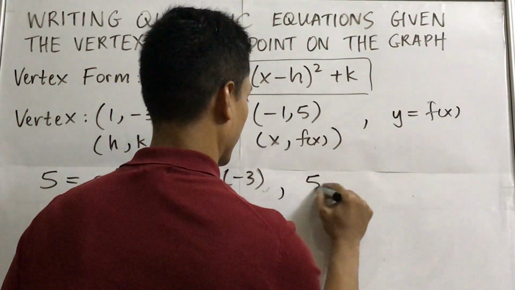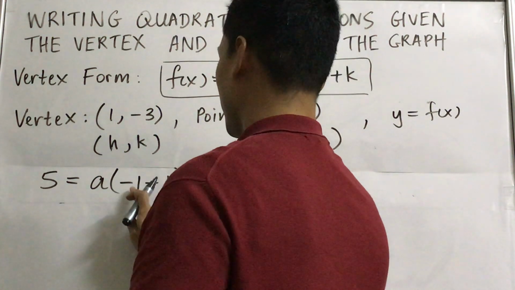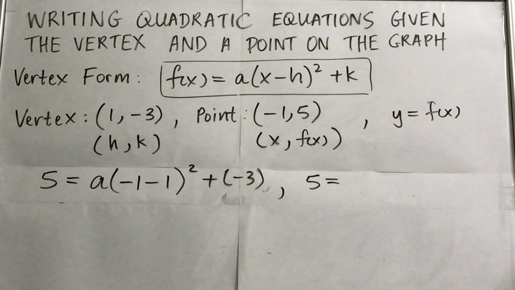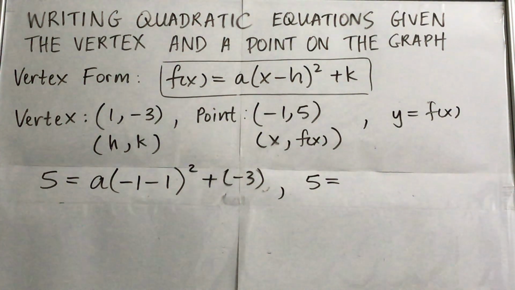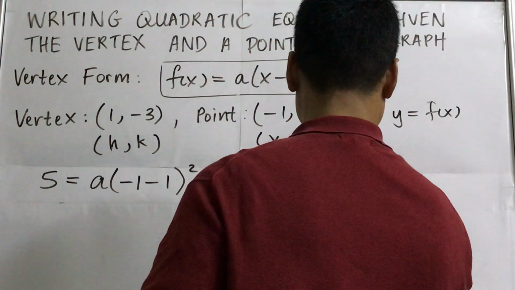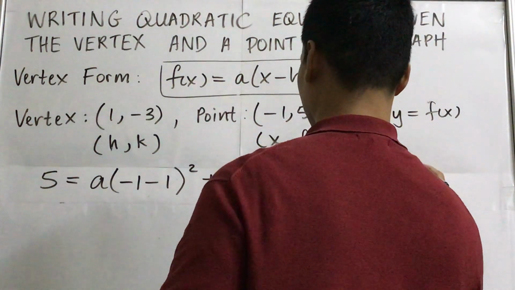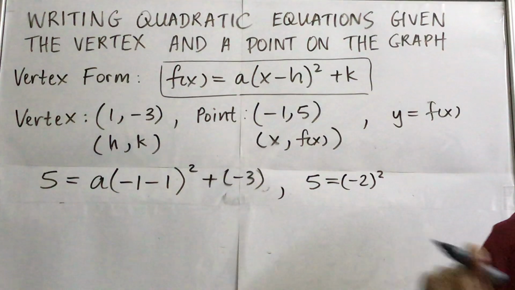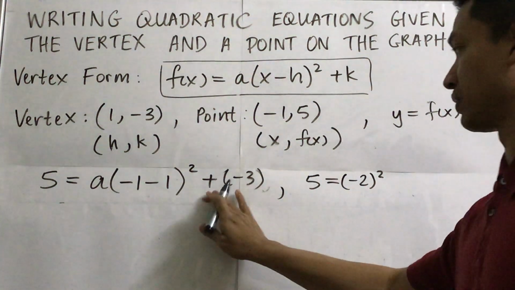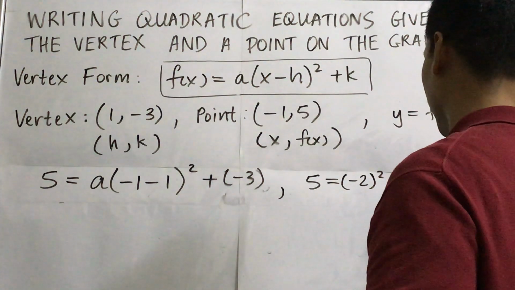Let's write it here. 5 equals a times (-1 minus 1). Let's recall our negative numbers. -1 minus 1. Anyone? It's -2. Big square. Plus -3. A plus and a minus gives you a minus.